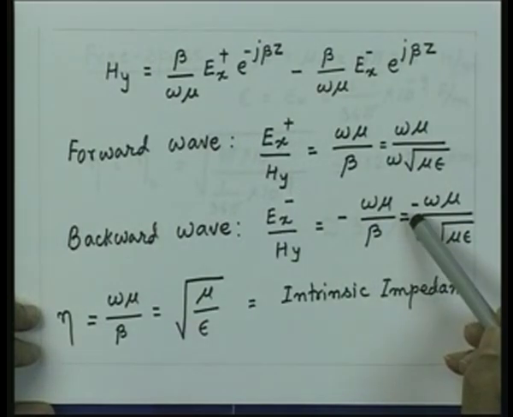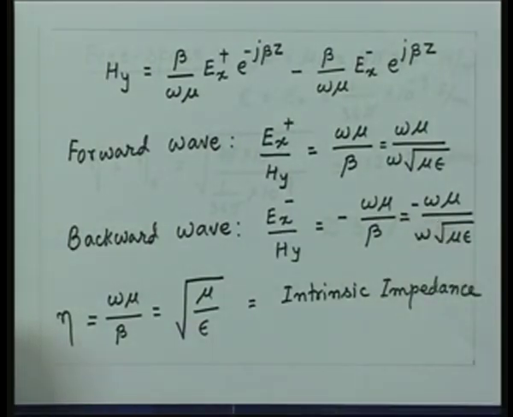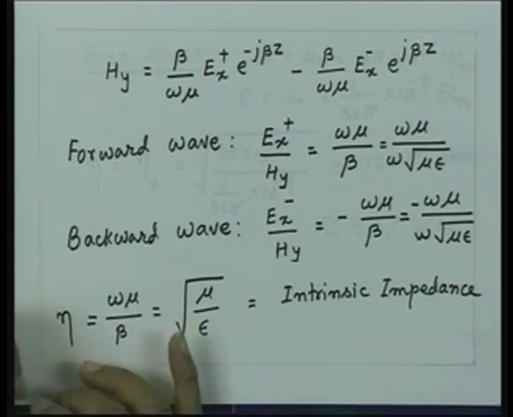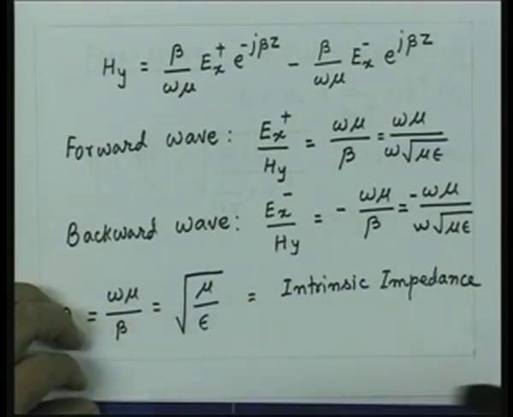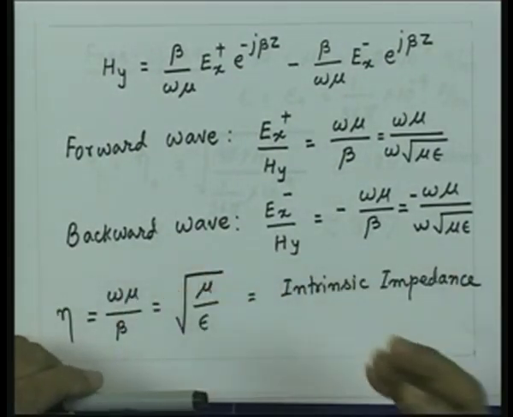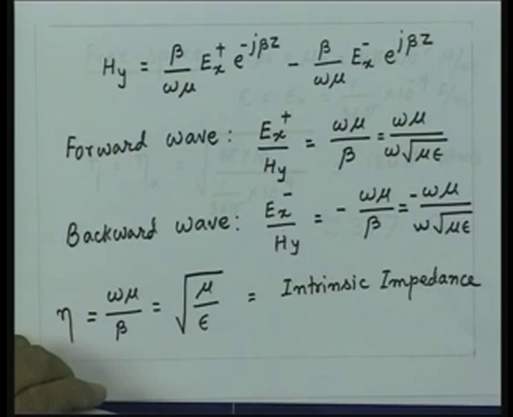However, there is a negative sign here, and if you remember, similar thing we had for the transmission line case also, that a forward travelling wave used to see an impedance which is characteristic impedance, but the backward travelling wave used to see negative of the characteristic impedance, and that time we had understood that if the power is travelling backwards, it is as if the power is supplied to the generator, which is equivalent to a negative resistance.